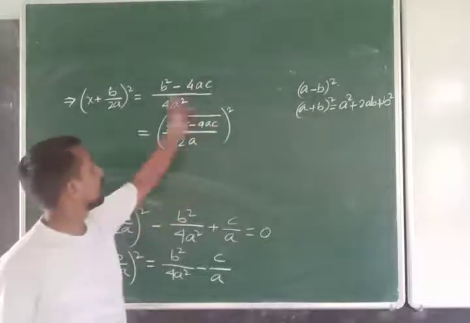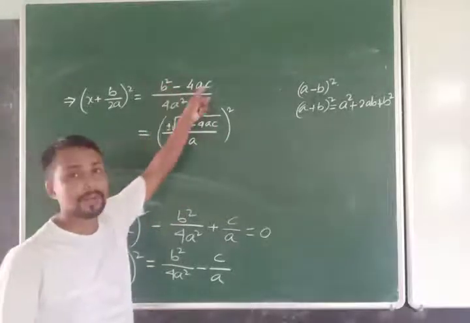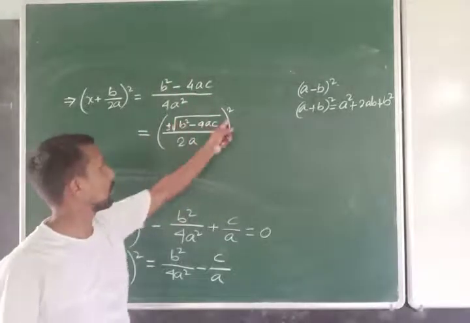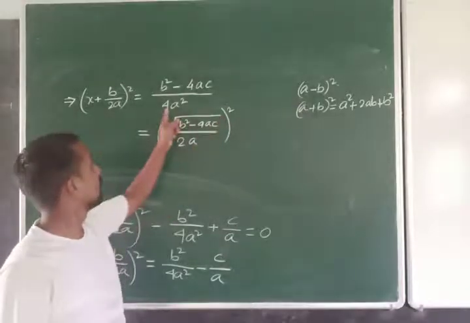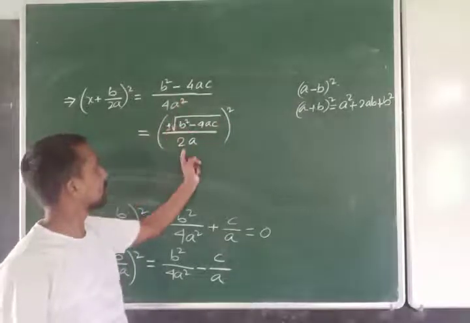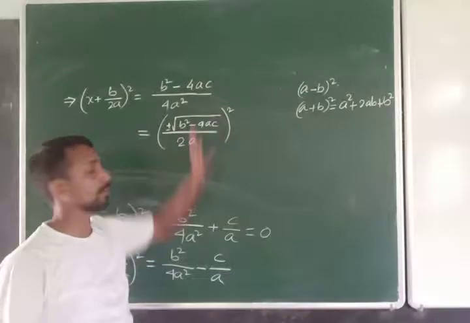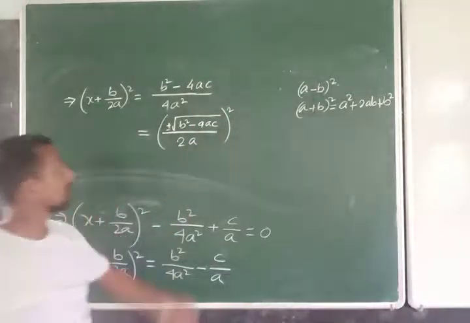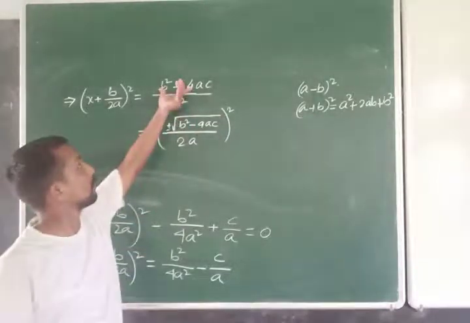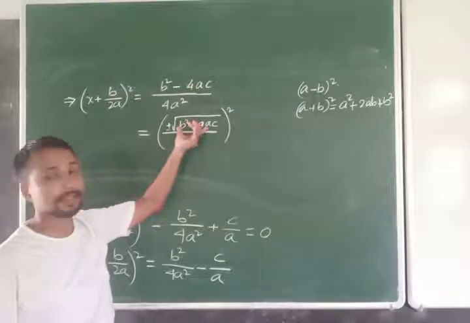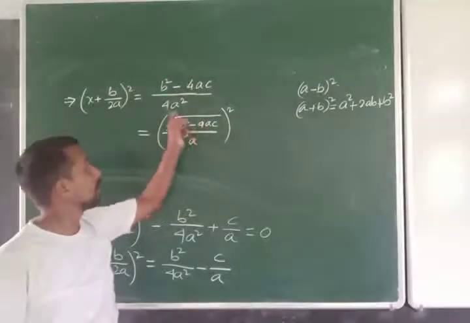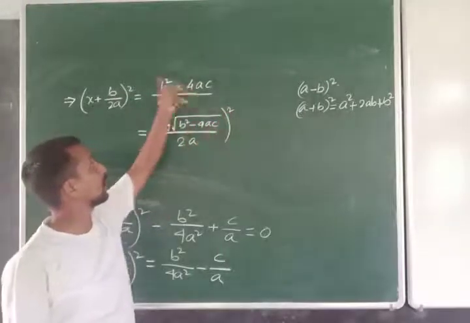If we make this a perfect square, we can put the square over it. And 4a square means twice a whole square. The square root of this one is this, or if you make this one a whole square, you will get this part.